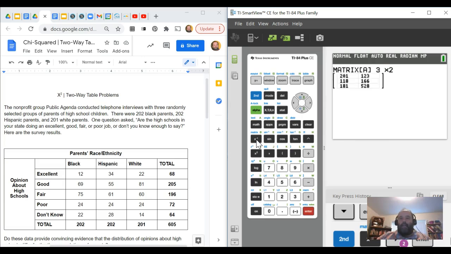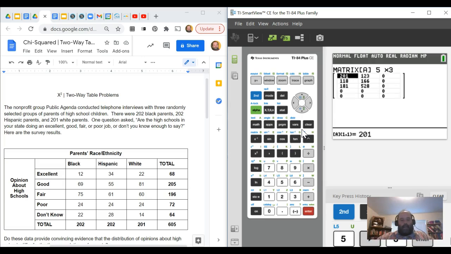I'm going to edit, and I still have old data in here, and that's fine. If it makes you uncomfortable, you can clear your calculator, but you can just overwrite it. My table here has 5 rows and 3 columns.